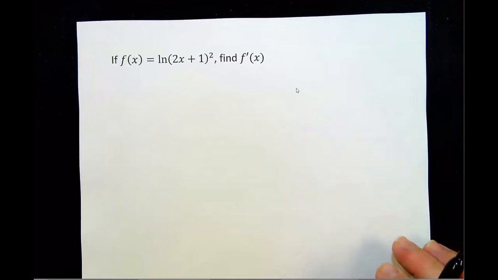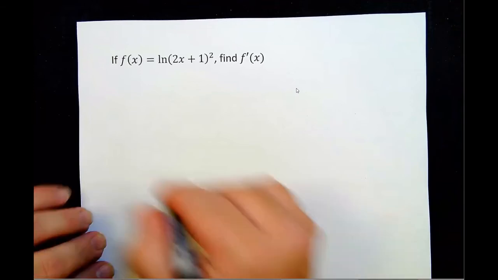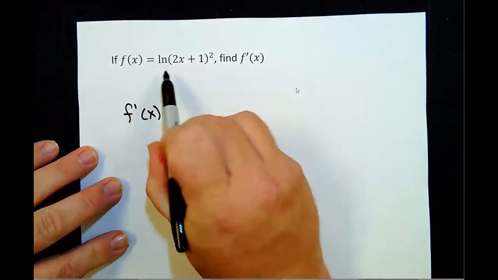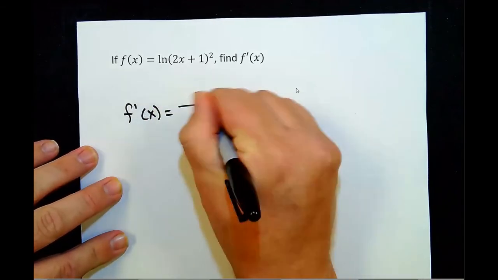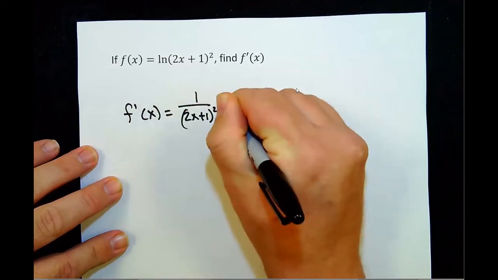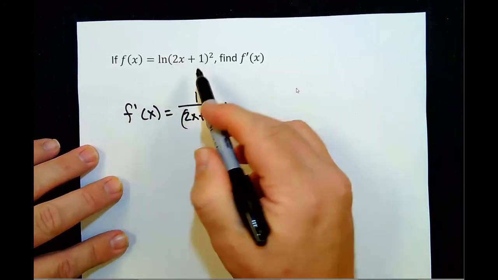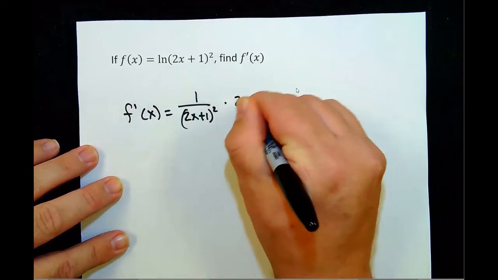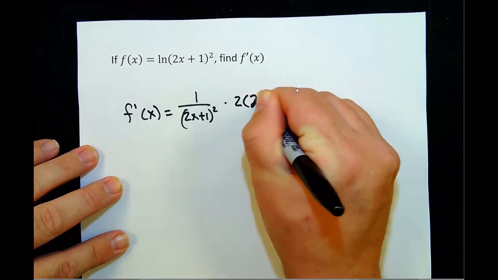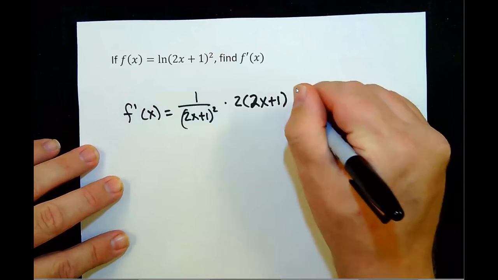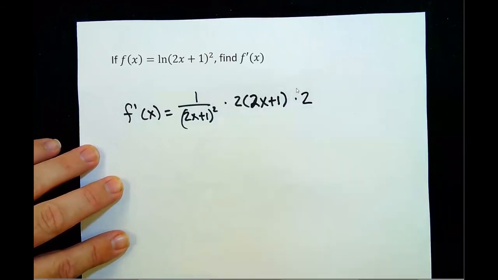All right, I just made this one a little bit more fun, threw in one extra little piece, but it's no different. The derivative of the natural log is 1 over whatever you're taking the natural log of, times the derivative of the inside. Well, you just have to recognize that the squared function is one function, and then inside is the 2x plus 1, so you have to multiply by another 2.